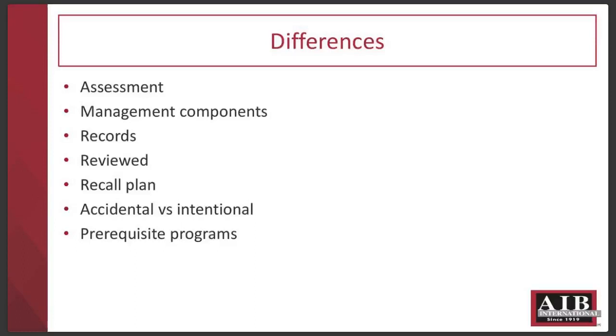Or my metal detector really will scientifically detect those sizes that I'm worried about that could lead to food safety issues. For food defense, there's no requirement for validating anything. Yes, verification has to occur, but validation does not.